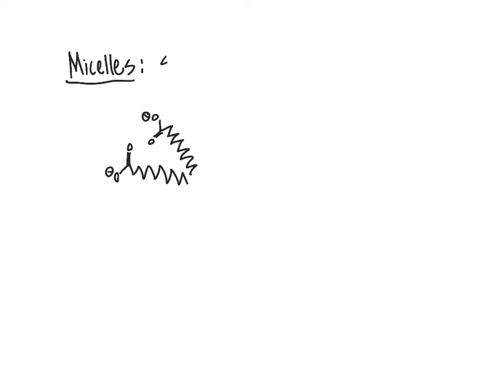When you have a bunch of molecules of the carboxylic acid salt, what will happen is that they form what's referred to as micelles, where micelles are spherical shapes with a hydrophobic lipophilic interior.